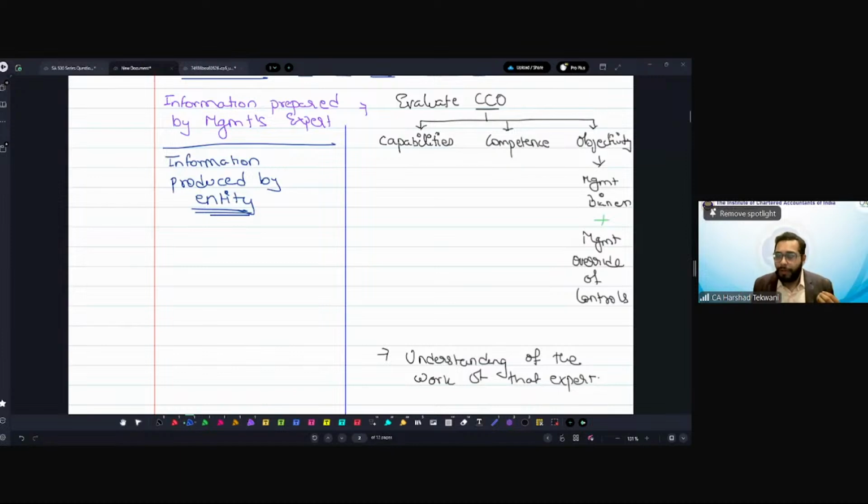So the data was obtained by the management from different sources, maybe the internal ERP or something like that. And on the basis of that, management processed it and got a report or an information. Okay. So when management processes the data and at the end they get the information, they summarize the information and prepare it in the form of a report or something like that, which is then given to the auditor. That becomes information produced by the entity.